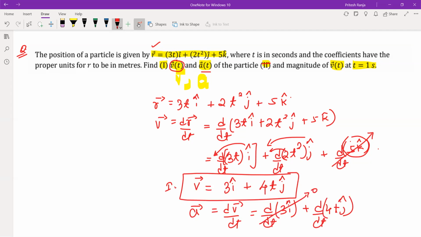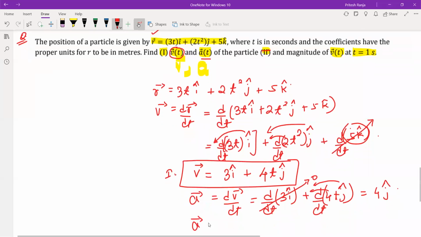This differentiation will be 0 because they are constant. 4t, 4 and j cap will come outside and differentiation of t is 1. So it will be 4 j cap. So this is our acceleration, that is 4 j cap. Right? This is what we need to find, velocity vector or acceleration vector.